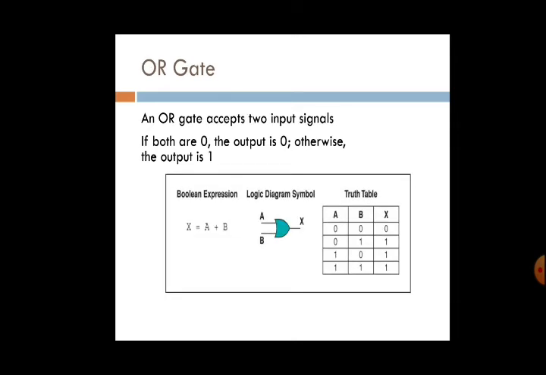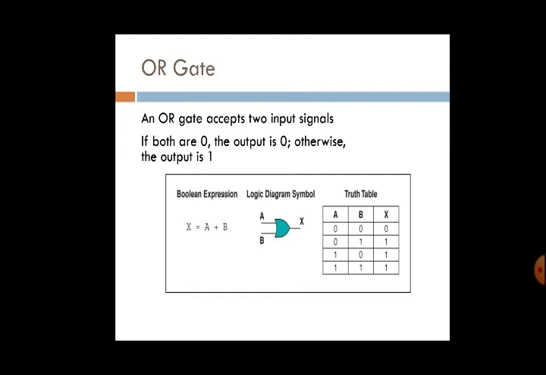Now see another gate, OR gate. An OR gate accepts two input signals. If both are 0, the output is 0. Otherwise, the output is 1. See the truth table. When any one input is 1, the output is 1.